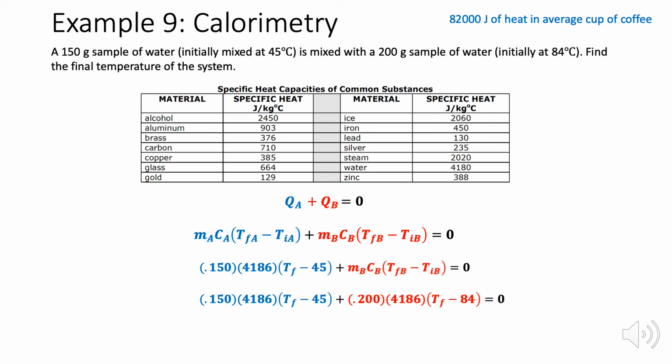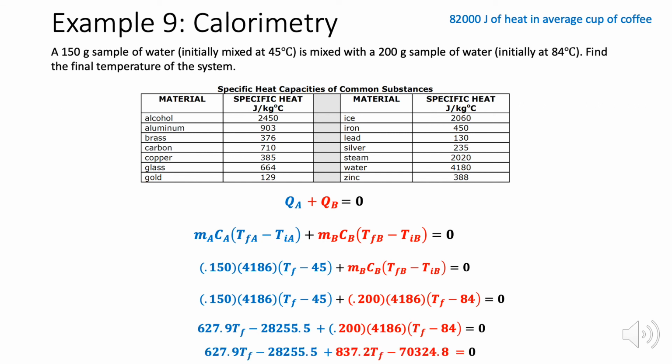So if I distribute for the first sample of water, you'll get what's in blue. And if you distribute for the second sample of water, you'll get what's in red. If I combine my TFs, since they're like terms, and I combine the constants because they're like terms, I should get this.